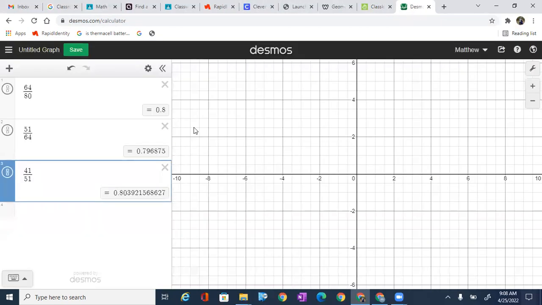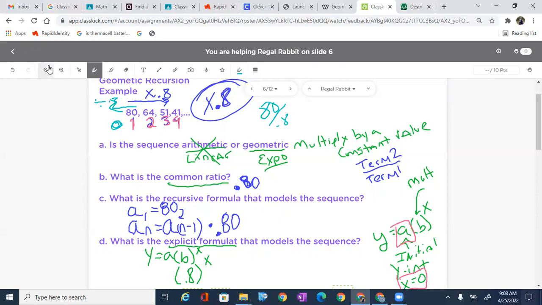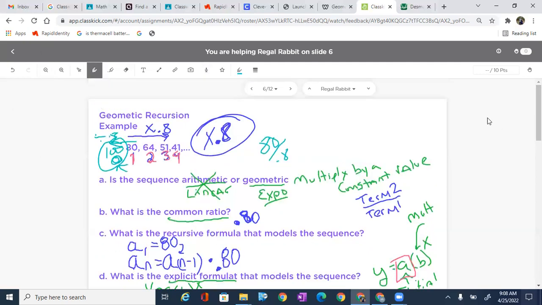That's 80 divided by 0.8, and that gives us 100. So I'm going to put 100 here. Now we can finish our explicit formula. The a value, which is the 0th term, is simply 100. So our equation would be y equals 100 times 0.8 to the x, and that would be our explicit formula. All right, y'all, I hope that helps you out with geometric recursion.